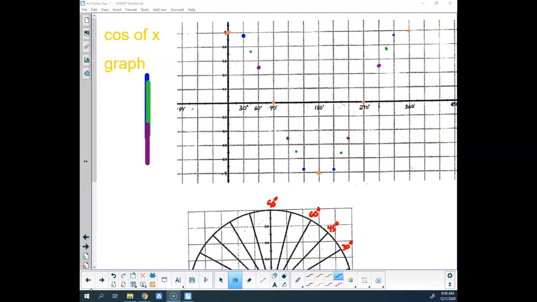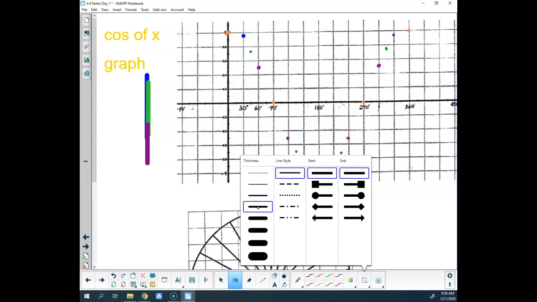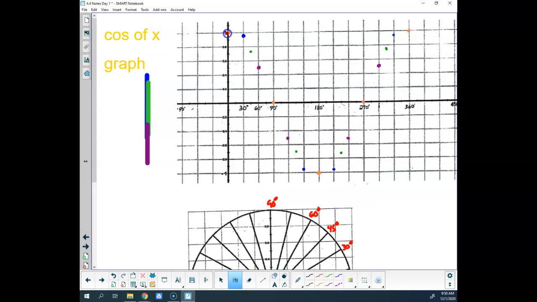So you should have it looking like this, or your dots, and then if we connect them, our first lap would look like that of our cosine curve. And again, it would continue on.